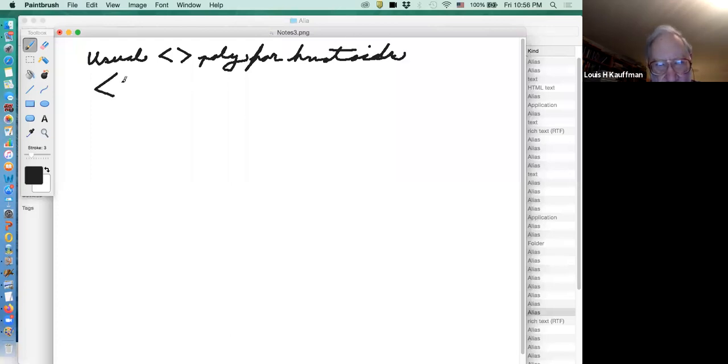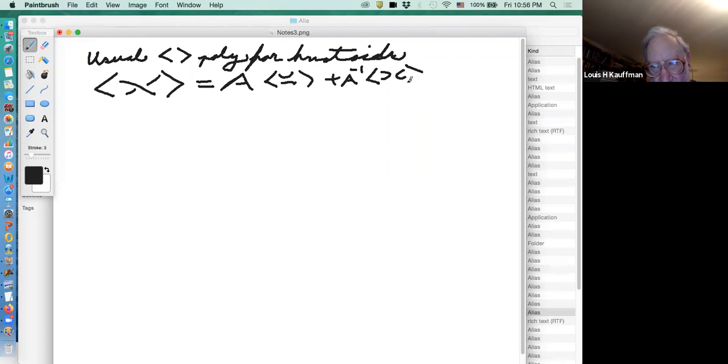So then we would be expanding in the usual way, like this, A times this plus A inverse times this. And in that one, I'm going to take the convention that if I have a loop next to somebody, it multiplies by the usual loop value.